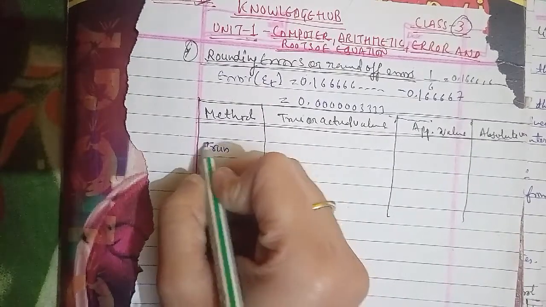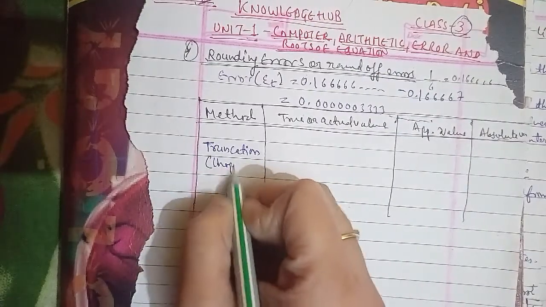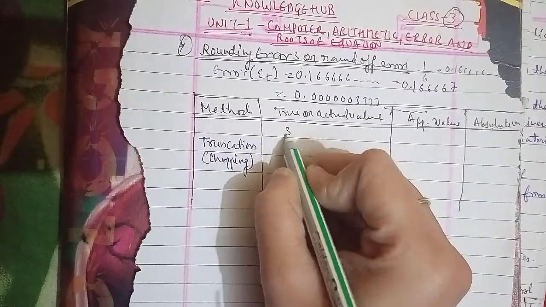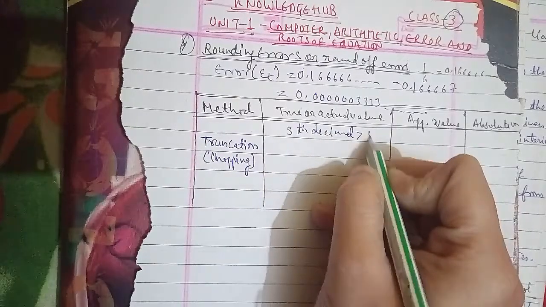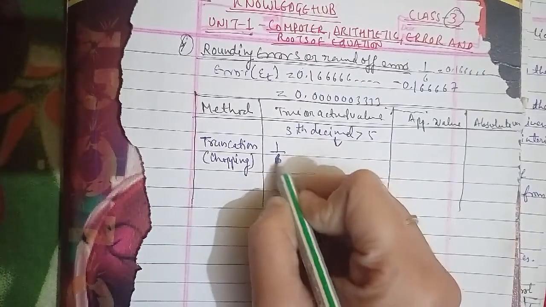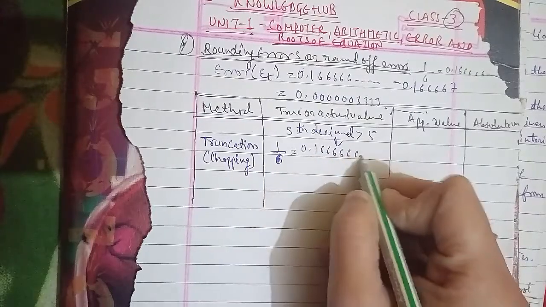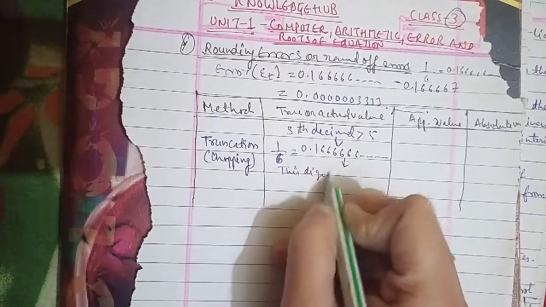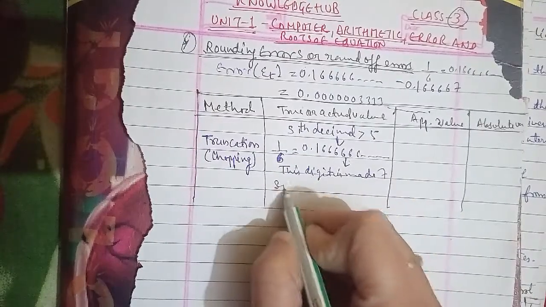In the case of chopping, where the 7th decimal digit is greater than 5, 1/6 equals 0.1666666, and this digit is made 7 since the decimal place is greater than 5.